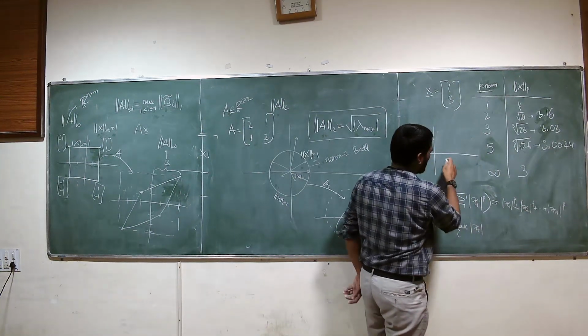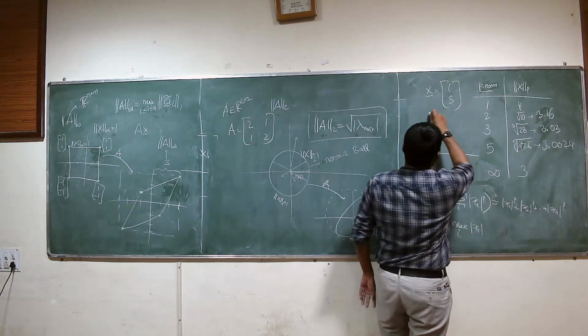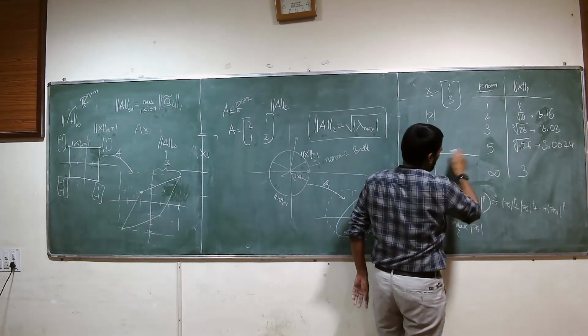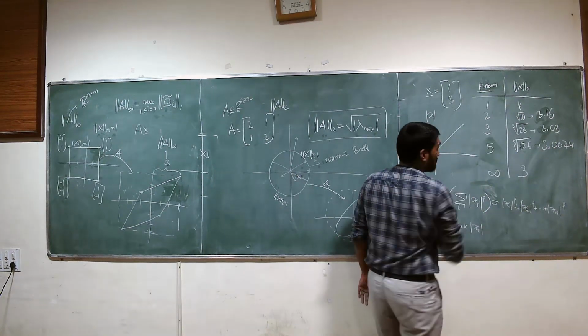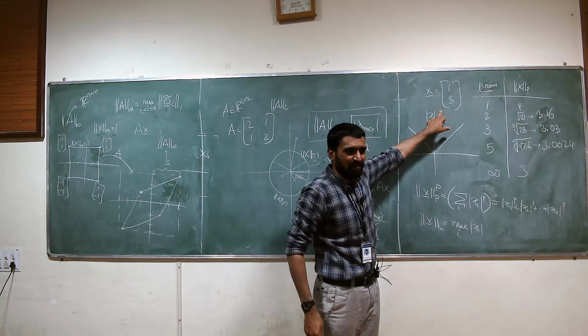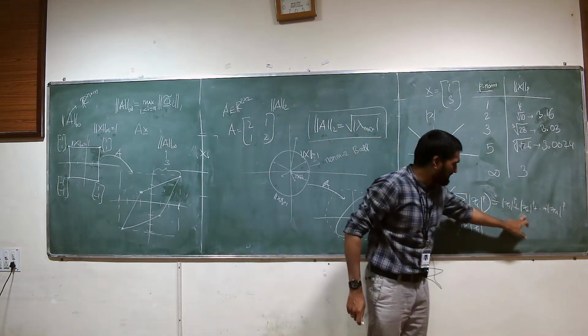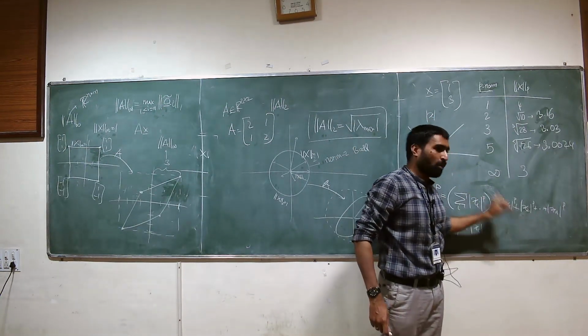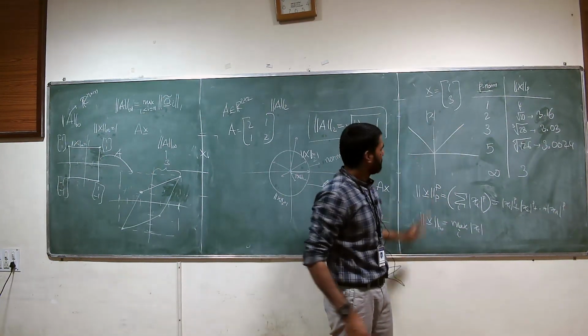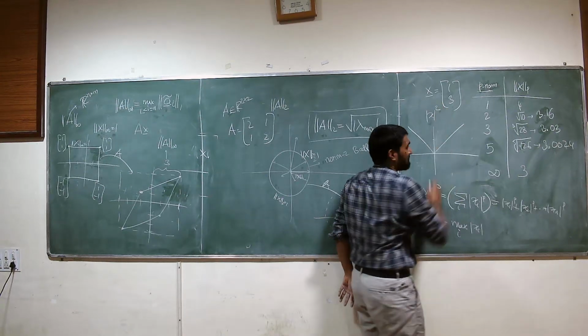When p is 1, what is the plot of this, x raised to the 1? It looks like this, right? Modulus of x raised to the power 1. Each of these is a real number. I am simply asking what is the plot of the absolute value of a real number. That's this, right? What about this?